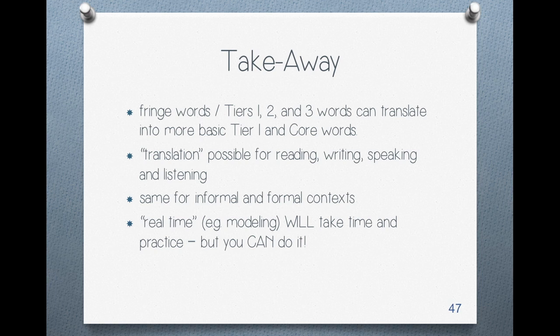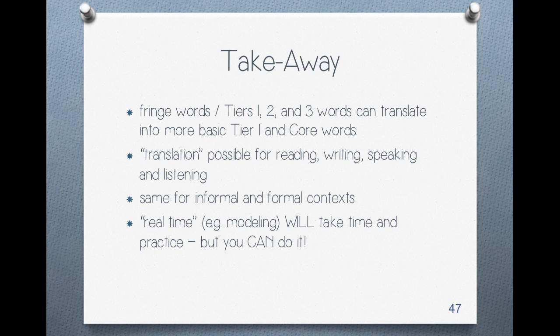Okay, so the takeaway from what we've talked about so far. Fringe words, tier 1, 2, and 3 words can translate into more basic tier 1 and core words. So this is possible, I guess, is what that is saying, that you can do that, okay?